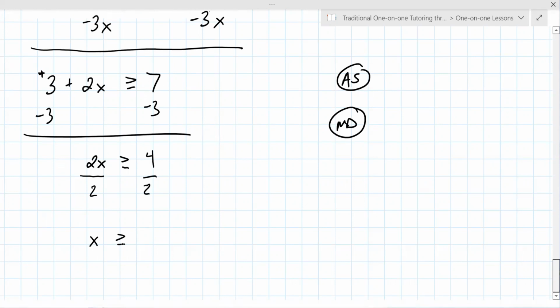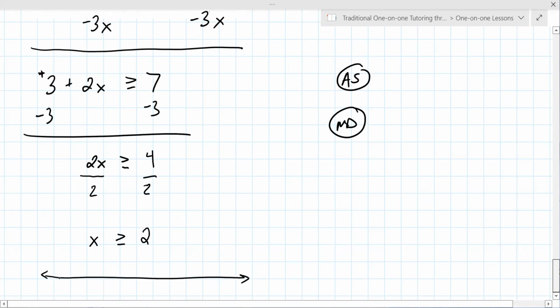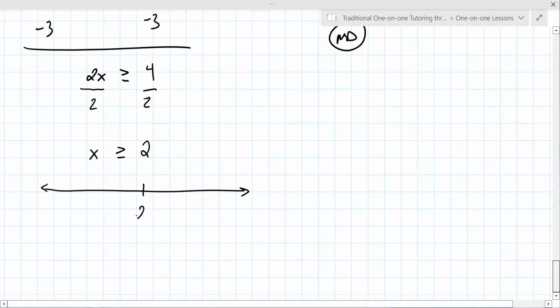So it's x greater than or equal to 2. Okay, now you go and graph a number line. You go find 2 on that number line, and you decide, is it solid or filled in? This one is solid. And is it shaded left or right? It depends on the way the arrow is pointing. This time it's everything to the right.